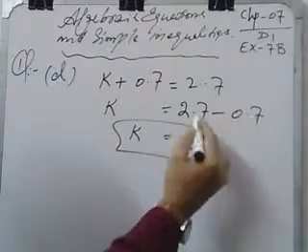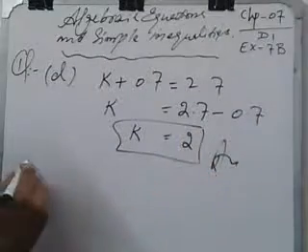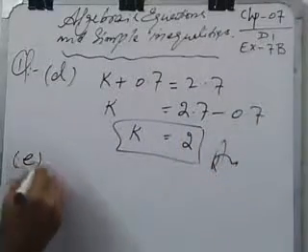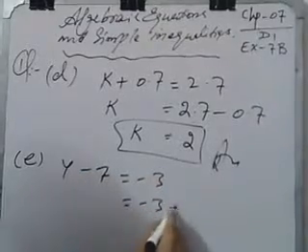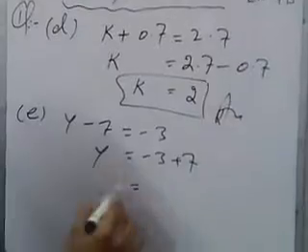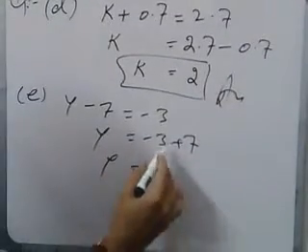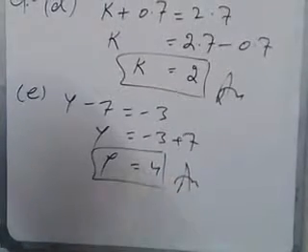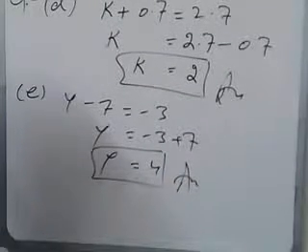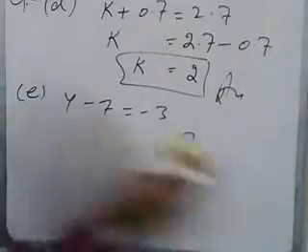Because 2.7 minus 0.7, you will get 2. Now the next question, y minus 7 is equal to minus 3. You will get the value of 4. Because once again by the same method, these questions are very much simple.